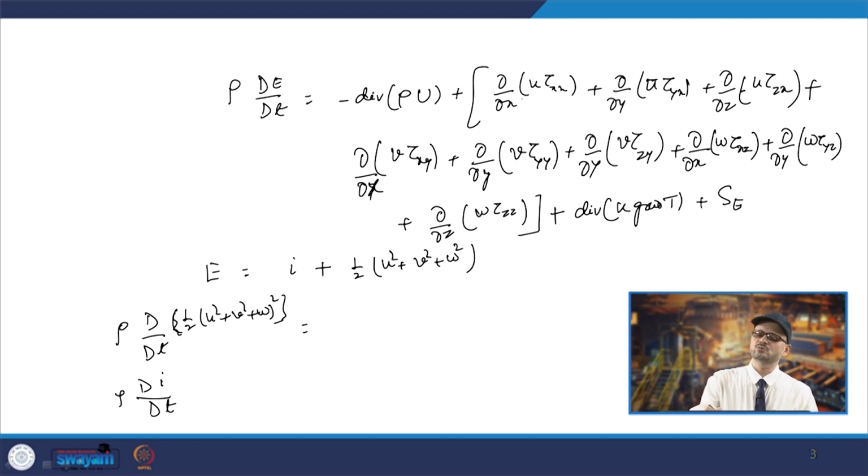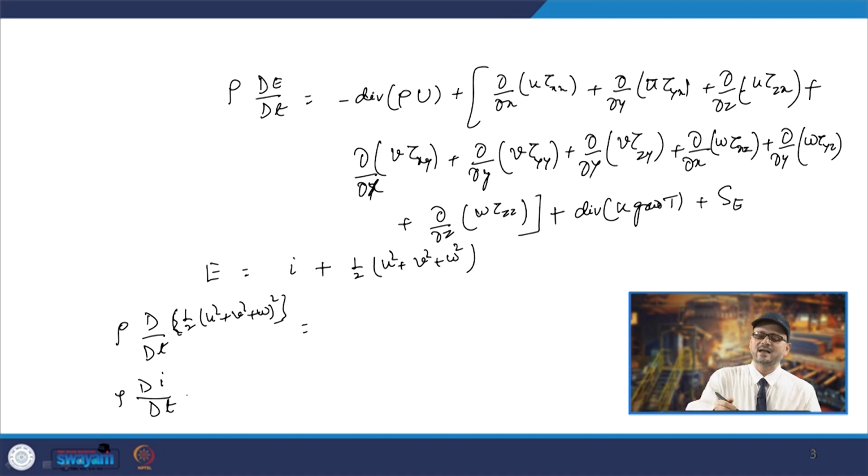So, this will basically be u times ∂/∂x of τxx, similarly u times ∂/∂y of τyx. All these terms will come for this expression, and others will come with this.